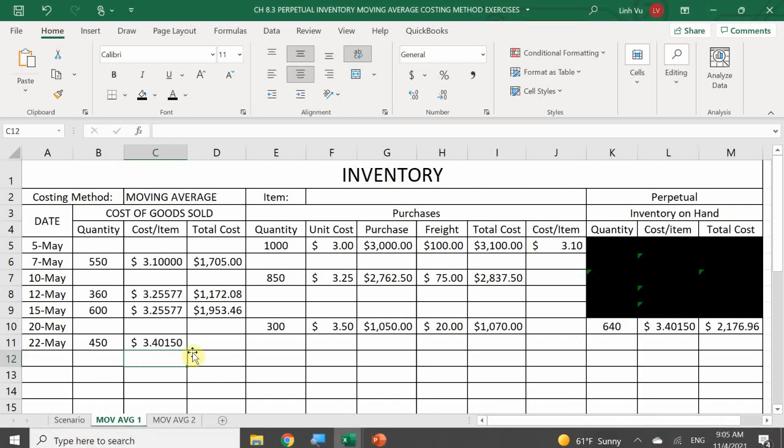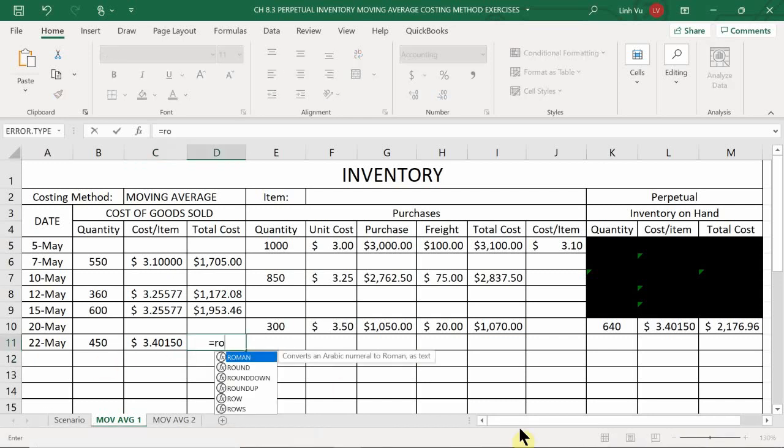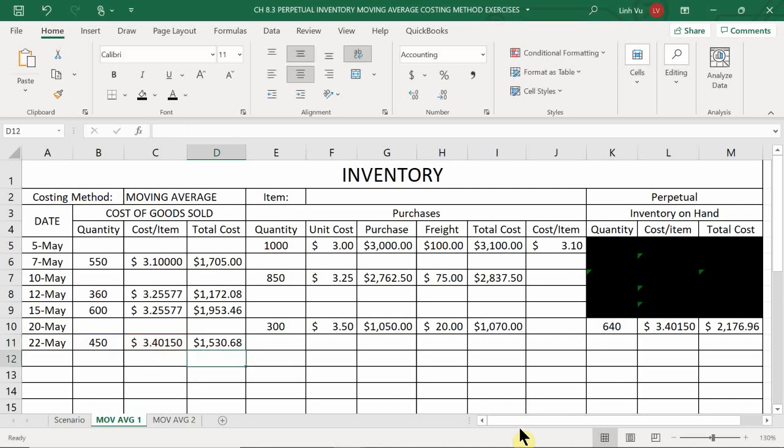So then that gives me a total cost of goods sold of $1,530.67. It's probably like 5, 6 something, right? Yeah, it's 5.